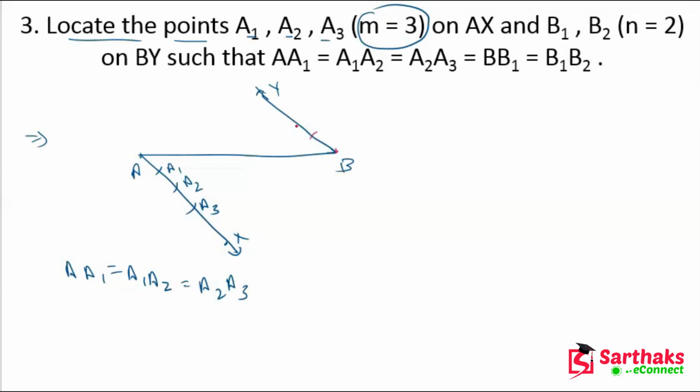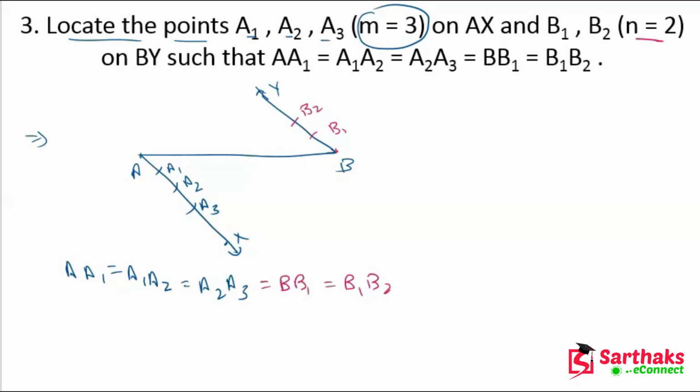Now in this line we have to cut just 2 arcs, B1 and B2, and similarly B1 is equal to B1B2. Now why 2 cuts? Because n is equal to 2. Okay, my dear friends, I hope you get this point.